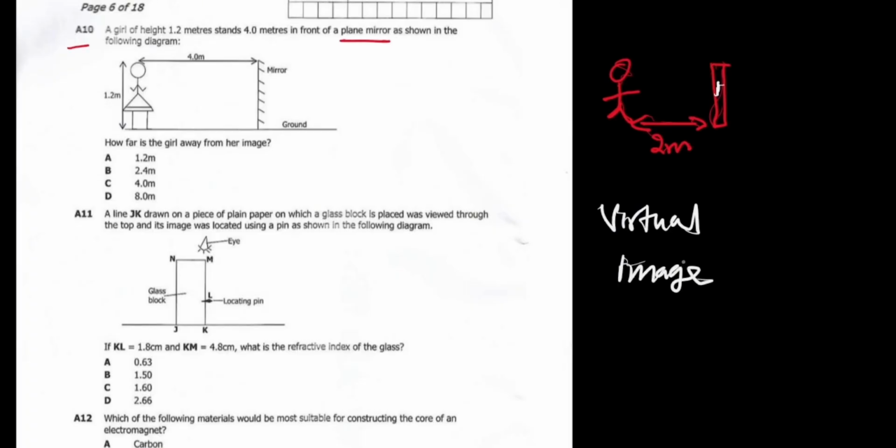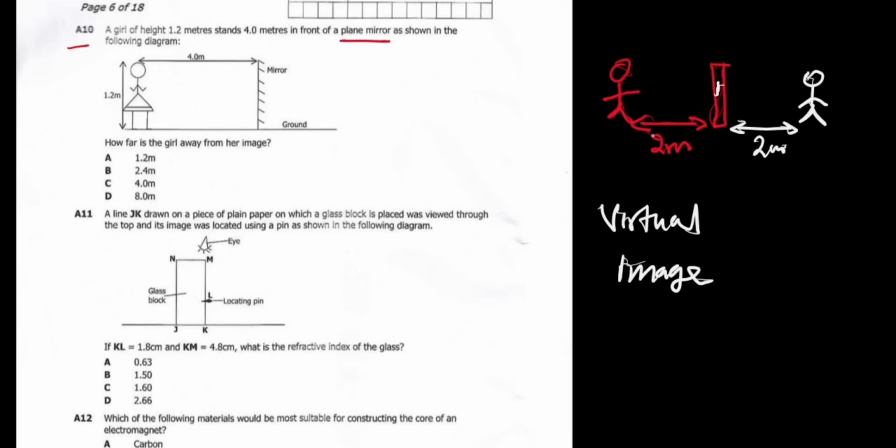Now, a virtual image is actually produced at the back of the mirror. So it is produced at the back and it is of the same distance as the distance of the real object from the mirror. So in other words, the distance between the image and the mirror is the same as the distance between the mirror and the object.